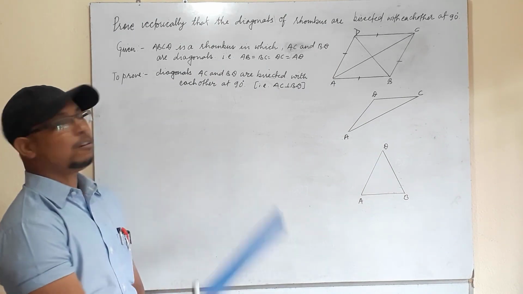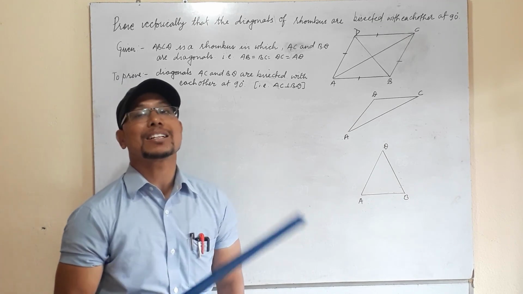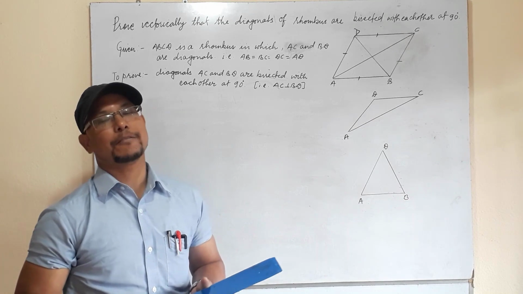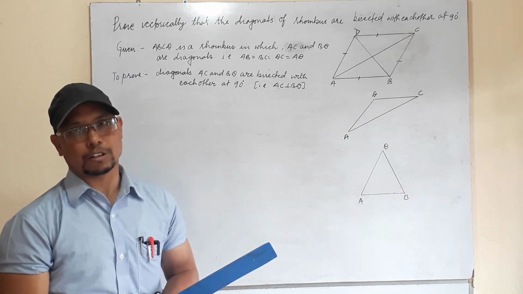First, let's see what a rhombus is. A rhombus is a parallelogram having all sides equal.